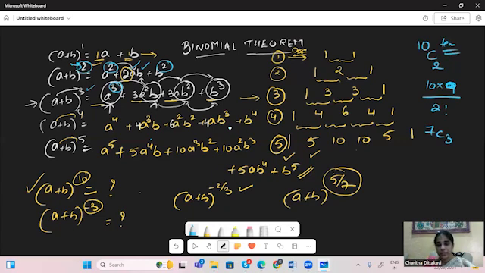It is 7, decreased 3 times: 7, 6, 5 upon 3 factorial, that is 3 into 2 into 1. Clear? If I give you 5C2, which means I am selecting 2 out of the given 5, it is 5 into 4 upon 2 factorial, that is 2 into 1. Clear? So this is the logic which I am going to apply to derive my formula.